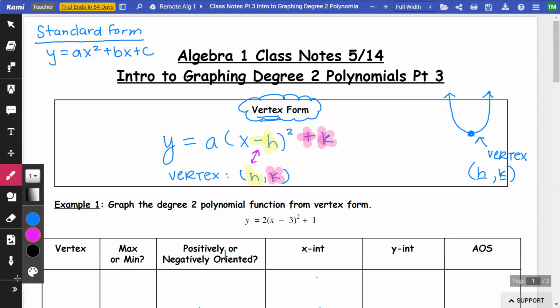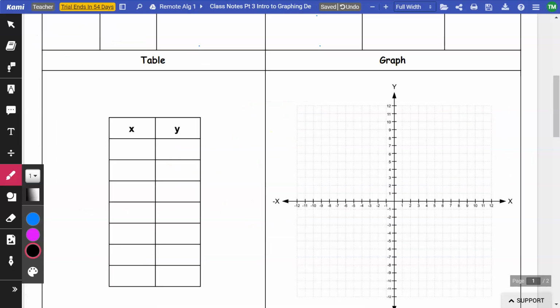So for now, I just need you to remember that vertex form is y is equal to a times x minus h squared plus k. And the vertex is (h, k), whatever the value that's being subtracted from x, and then what's being added here is your k.